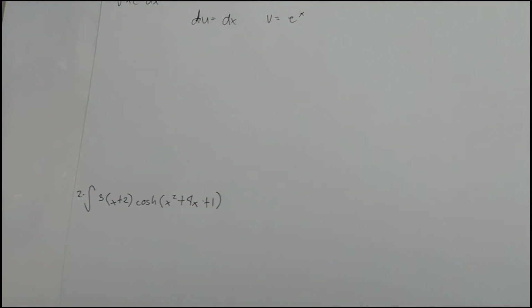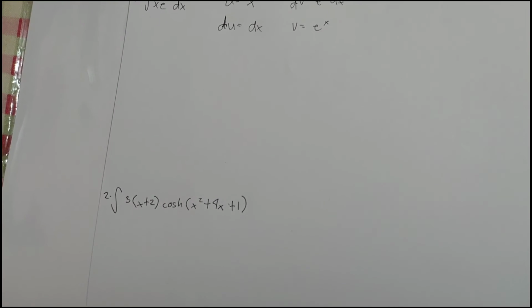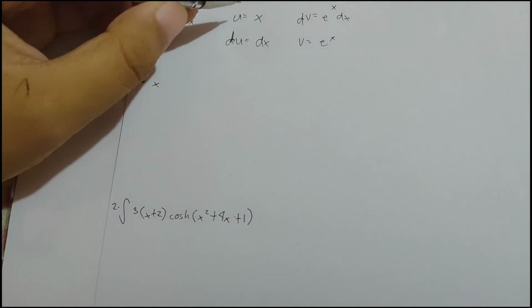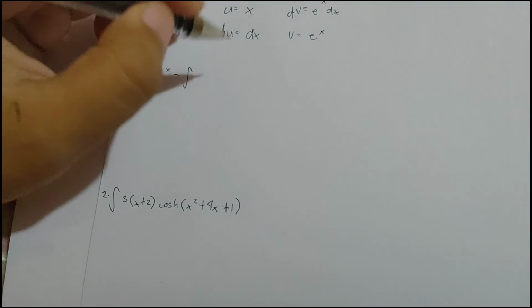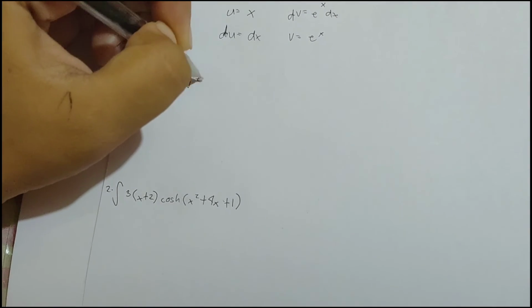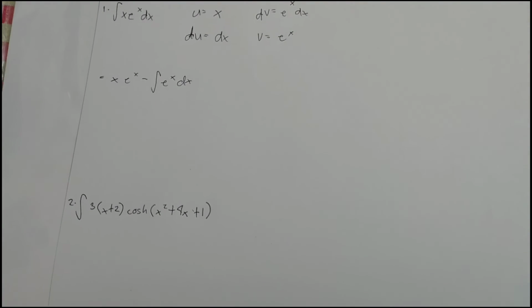So we will follow our formula, which is uv minus the integral of v du. Our u is x, our v is e raised to x, minus the integral of e to the x dx.